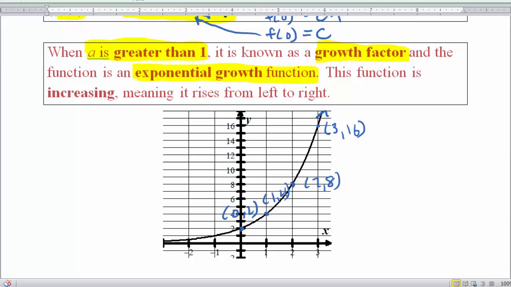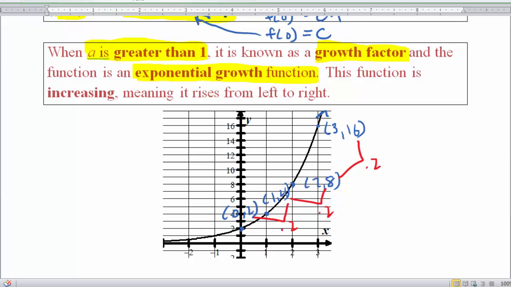Then the next one would be (3, 16). So if you recall what we did before in the last video with the successive outputs, we can do the same thing here. Here we went from 2 to 4 to 8 to 16. So to get from one successive output to the next, we're multiplying by 2, right?